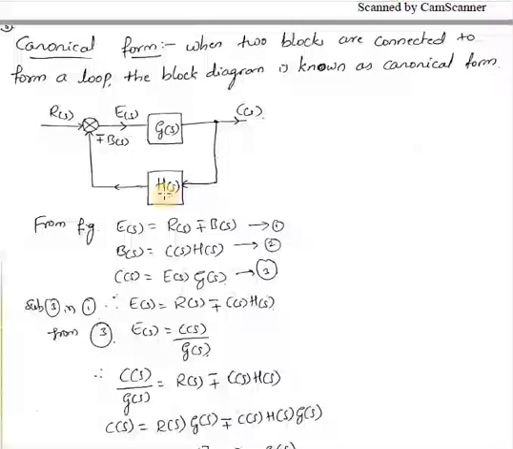To derive that, from this figure, E of s is equal to R of s minus or plus B of s. B of s is C of s into H of s, because it is a signal which is coming from the takeoff. C of s into H of s, and C of s is E of s into G of s.